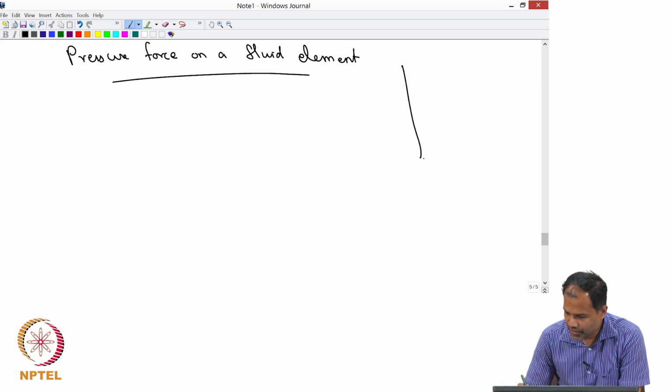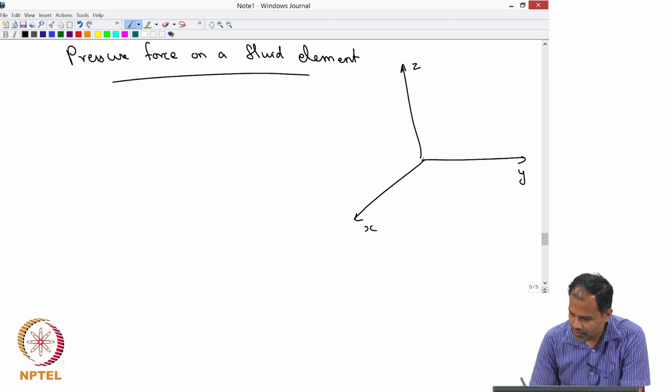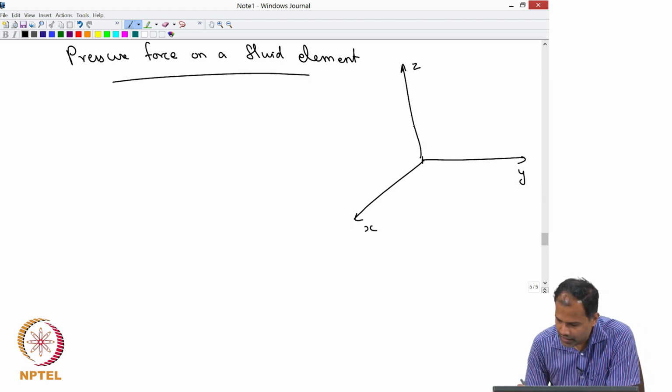Let us take a coordinate system. Let us say this is x, that is y, and that is z. And let us take a fluid element.